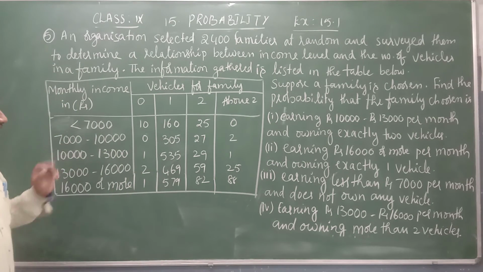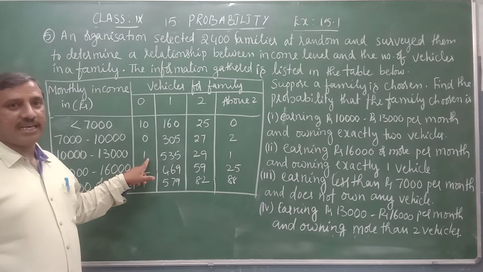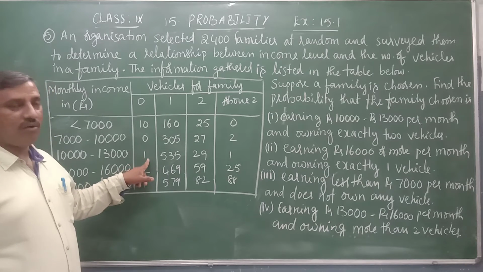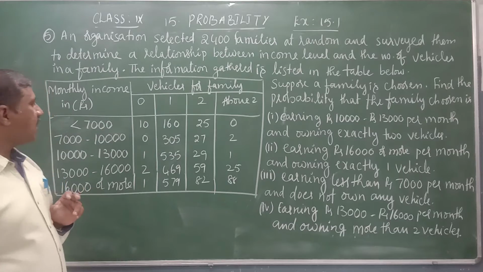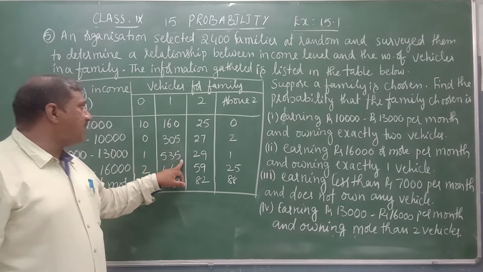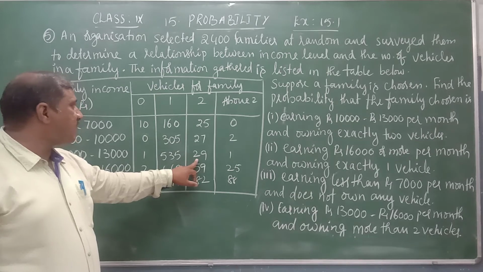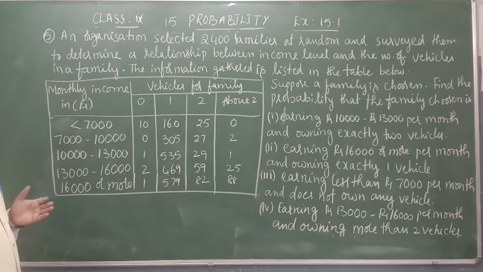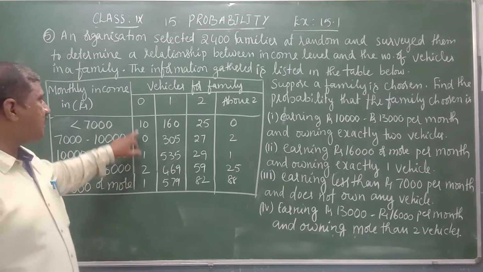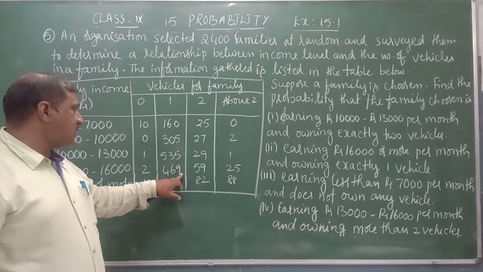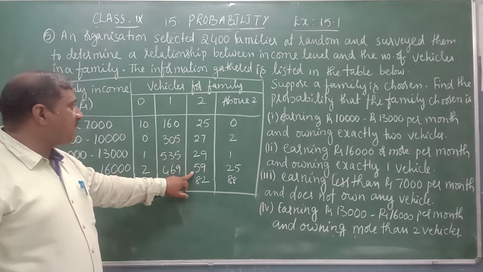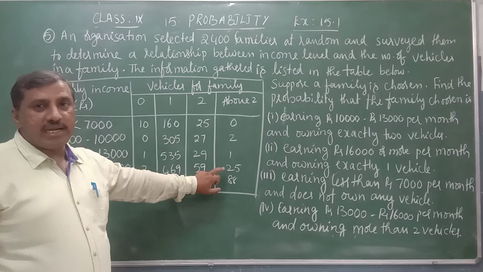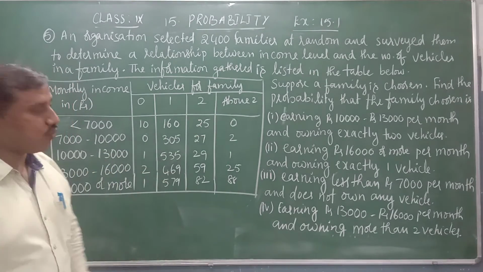Now 10,000 to 13,000: only one family has no vehicle, 535 families have one vehicle, 29 families have 2 vehicles, and only one family has above 2 vehicles. For 13,000 to 16,000: 2 families have 0 vehicles, 416 have 1 vehicle, 59 have 2 vehicles, and 25 have above 2 vehicles.